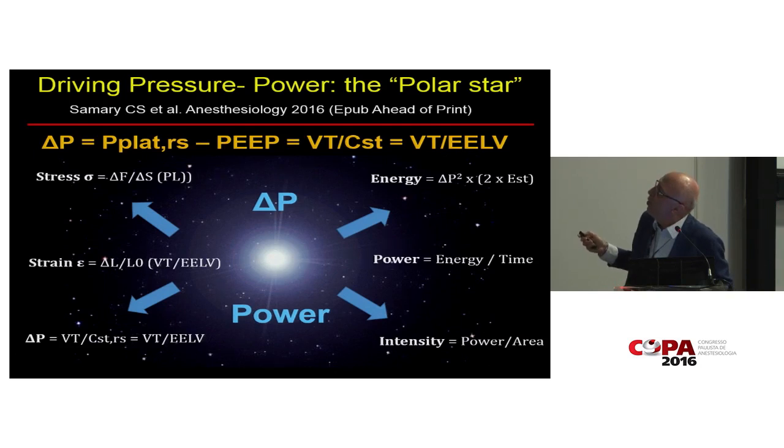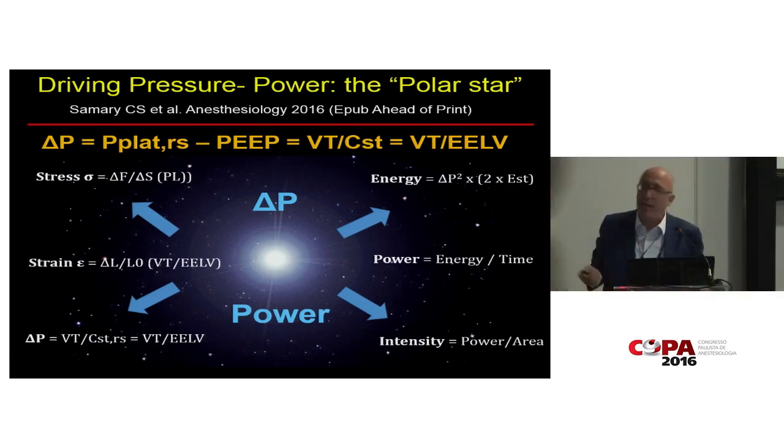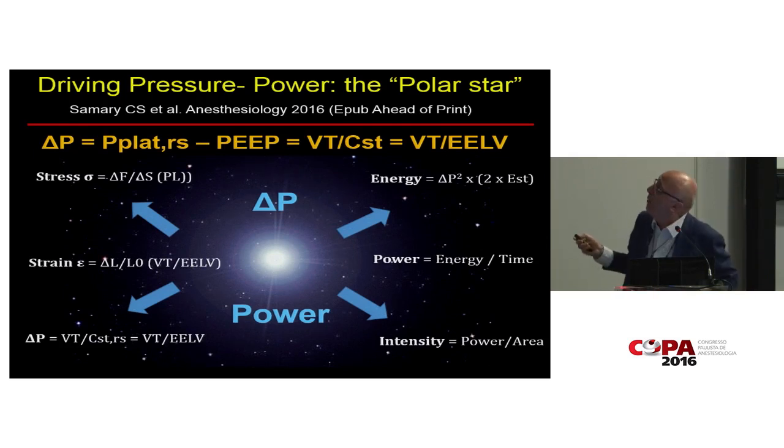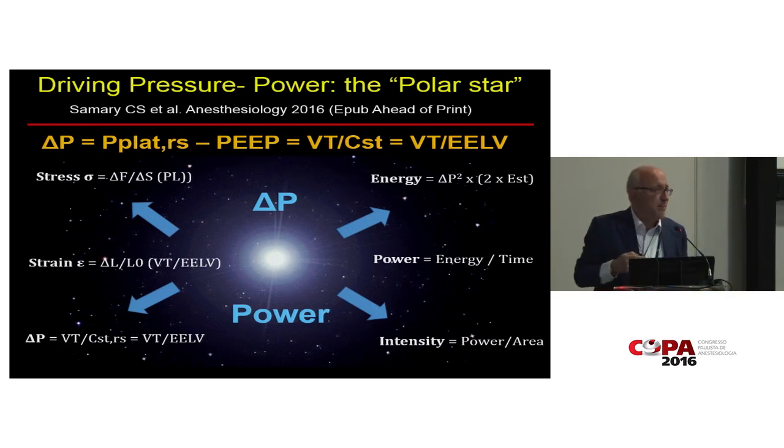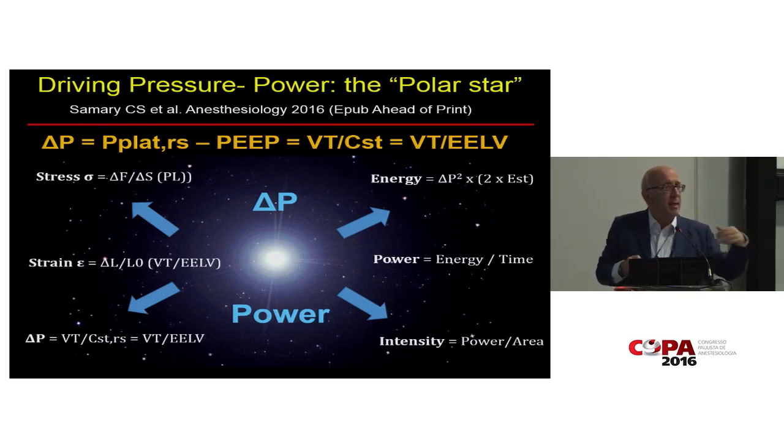But now we are moving on to another concept, which is energy. Energy is the driving pressure squared times the elastance. But anyway, the energy that you deliver to the lung is associated with the increase in driving pressure. So the higher the driving pressure, the higher the energy to the lung, the higher the ventilator-induced lung injury.